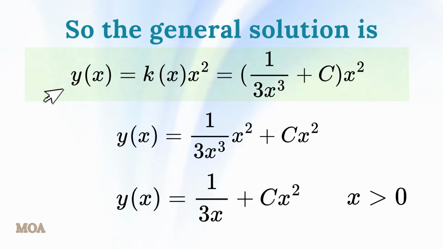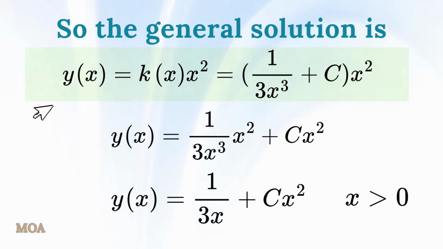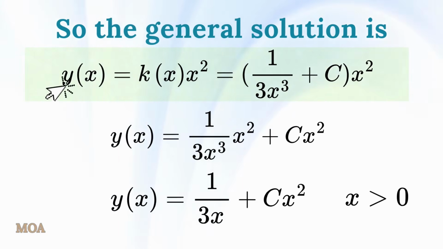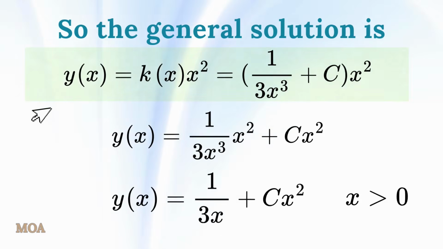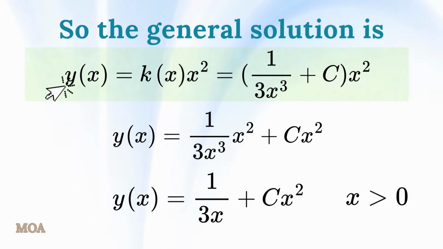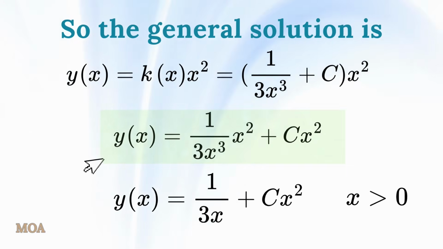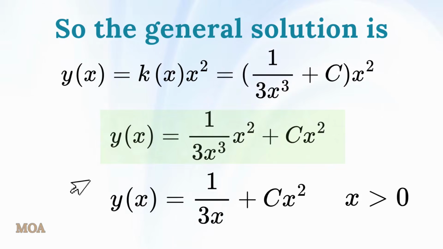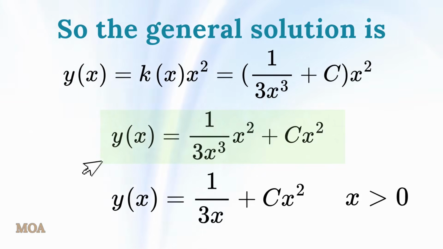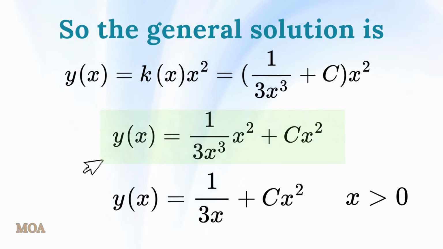So the general solution is y of x equals k of x times x squared equals the quantity 1 over 3x cubed plus c all times x squared, which is equivalent to y of x equals 1 over 3x cubed times x squared plus c times x squared.